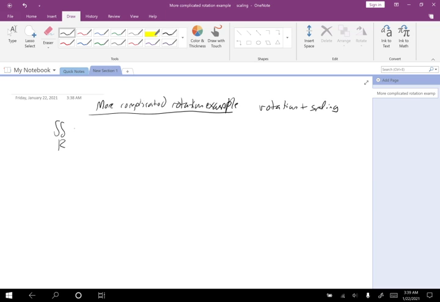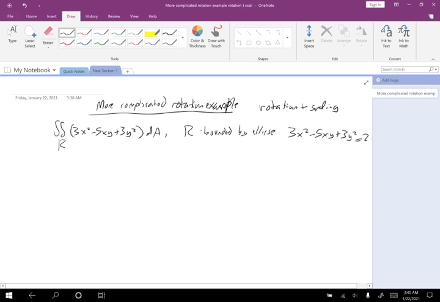If it's the integral over R of an ellipse function, 3x squared minus 5xy plus 3y squared, where your region R is bounded by the ellipse 3x squared minus 5xy plus 3y squared equals 2.